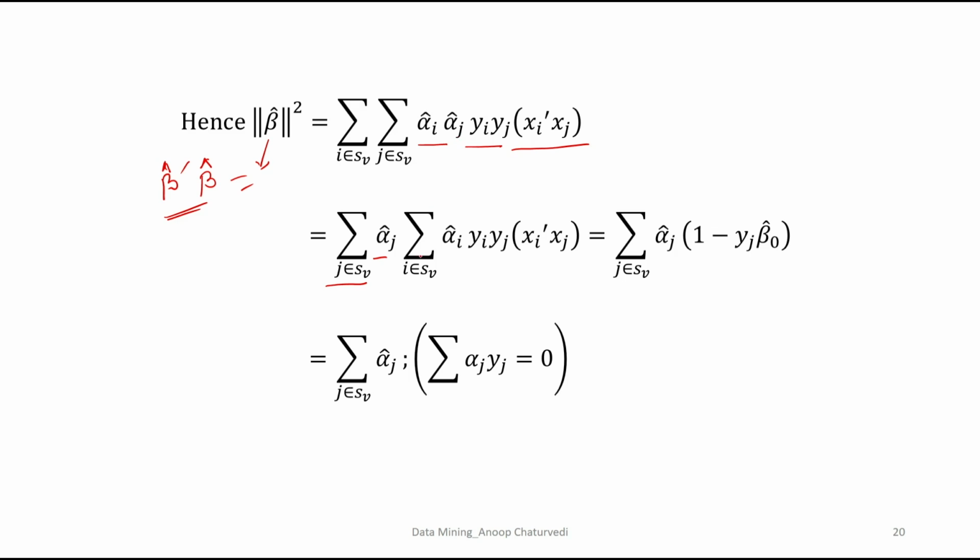We take alpha j hat outside the summation over i, and then we have alpha i hat yi yj xi transpose xj, and then this is equal to summation j belonging to SV alpha j hat, and we substitute the value of this term, which is equal to 1 minus yj beta naught hat, and then we write it equal to summation j alpha j hat, because summation alpha j yj is equal to 0. So, we are using this constraint.